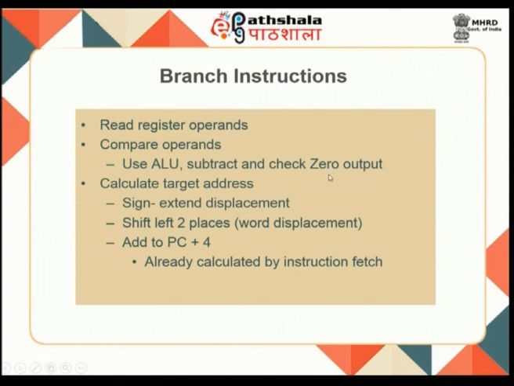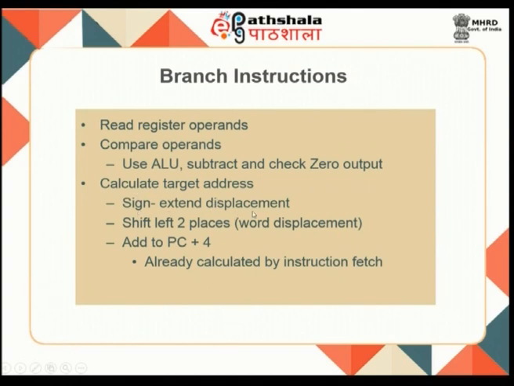So, the 0 output is produced from the ALU, the 0 output is nothing but the result of your condition evaluation, and then you will have to calculate the target address. If the condition is satisfied, you will have to calculate the target address. In order to calculate the target address, you will have to sign extend the displacement.